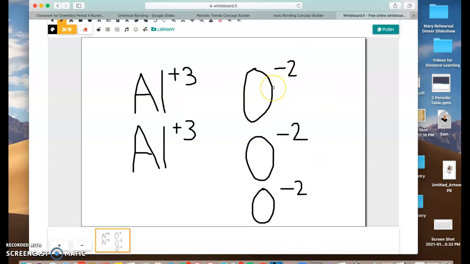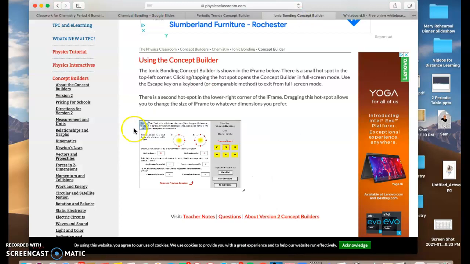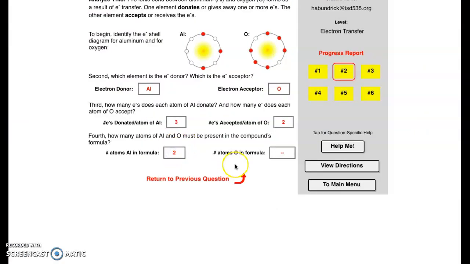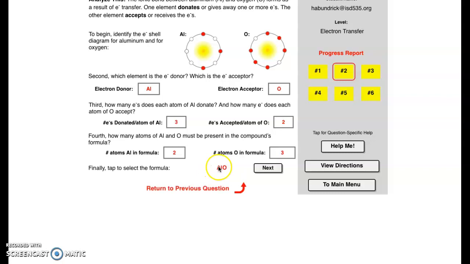Now my charges finally cancel out because I have the same number of positives as I have negatives. So if I go back here, it took me 2 aluminums and 3 oxygens to get my charges to cancel. So in my formula, it's going to say Al2O3.